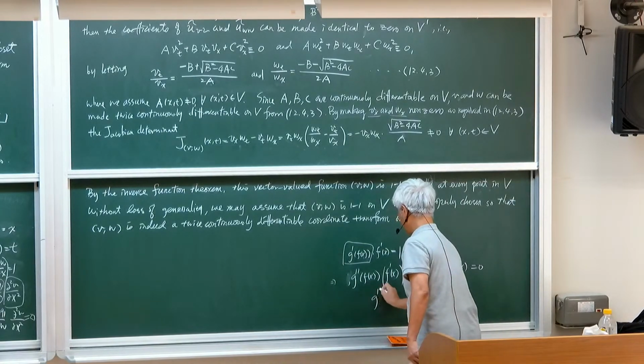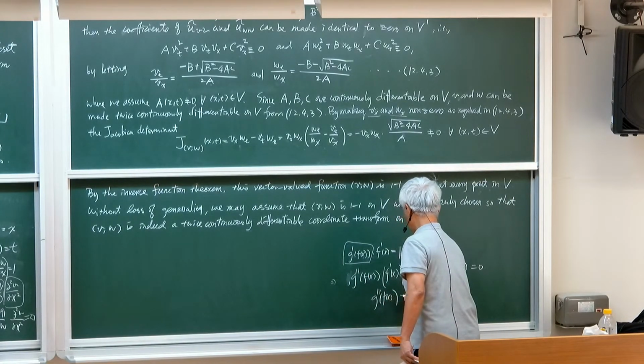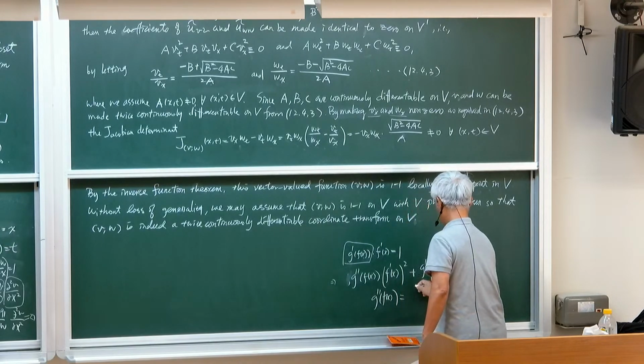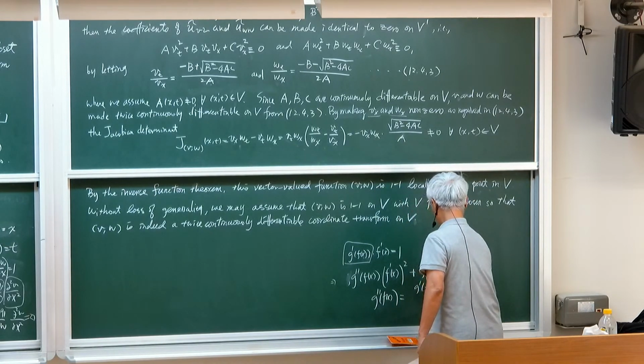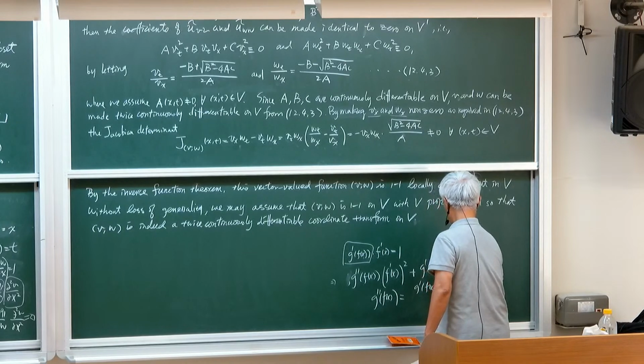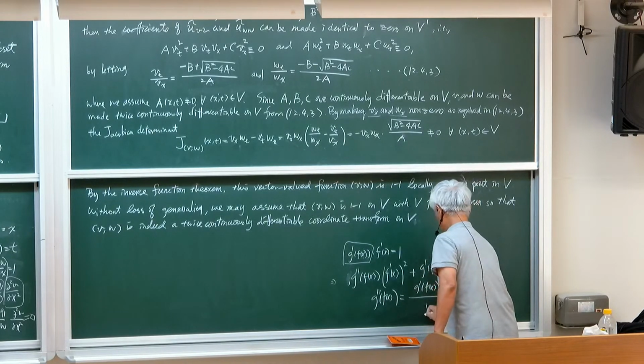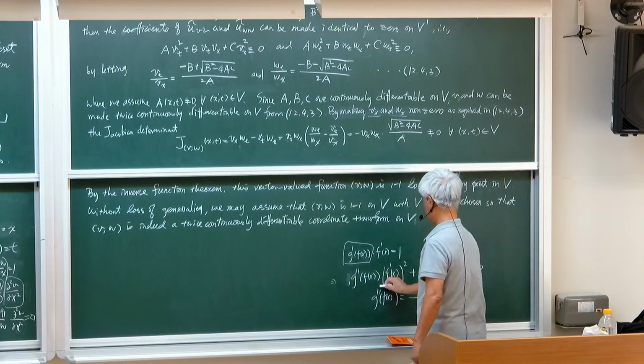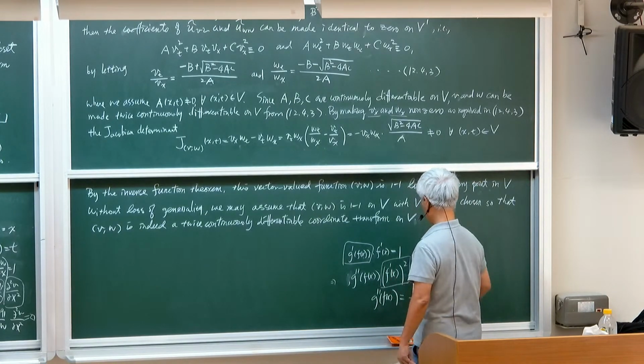And so you can find g double prime is equal to minus g prime of f of x times f double prime of x over f prime of x squared, if f prime is non-zero.